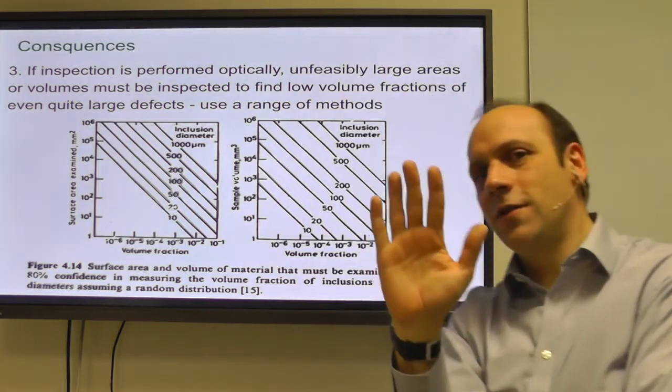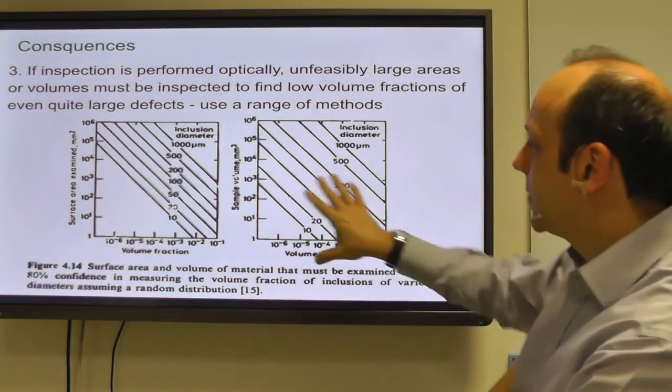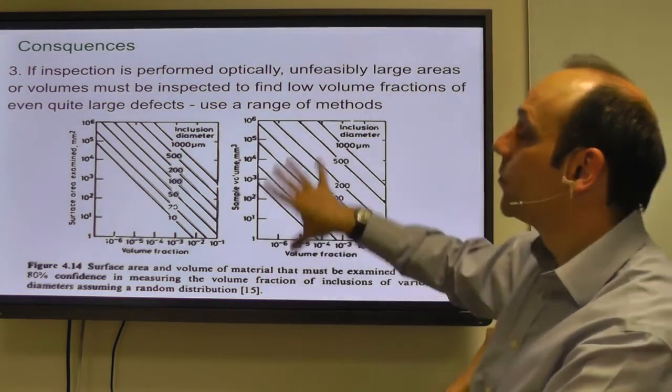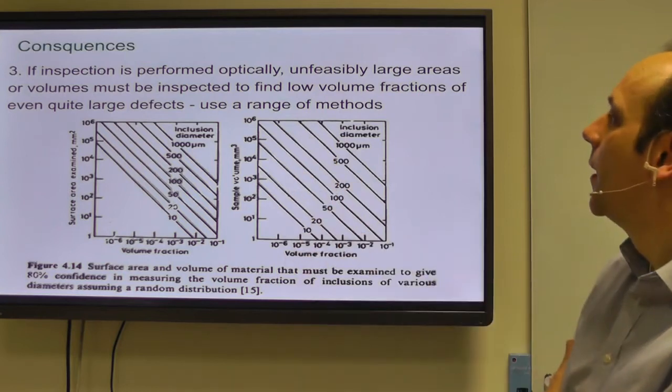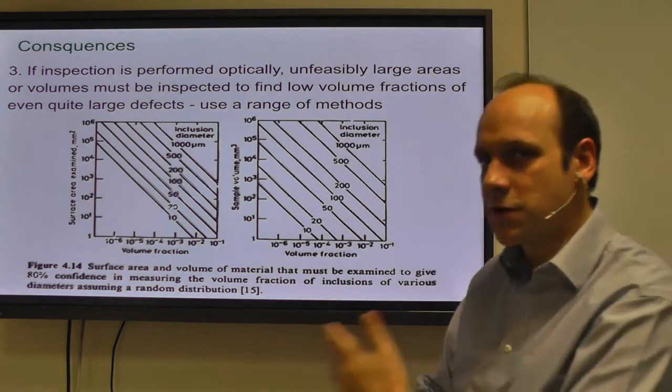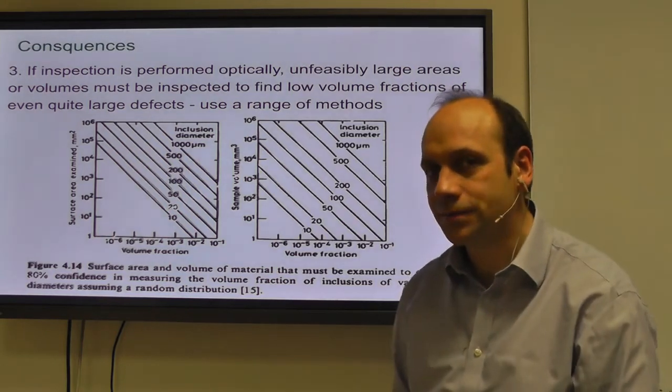And maybe you end up doing tomography instead. But you would make a similar chart for a volumetric inspection method, and that could in principle mean you can be a lot better at finding defects. And that takes you towards using a range of inspection methods.